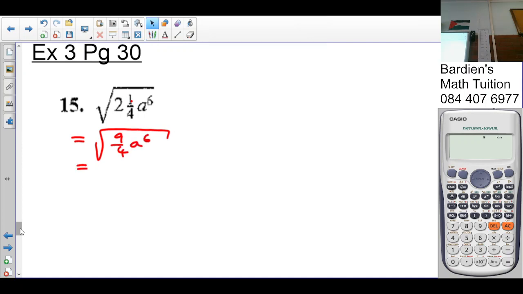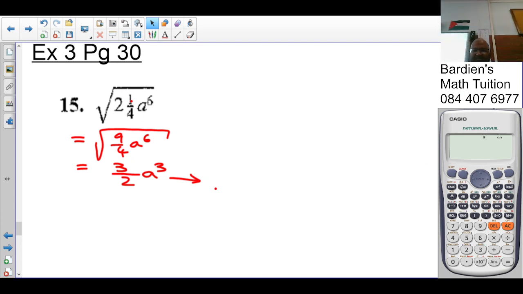Not so? 9 over 4 a6. The square root of 9 is? Over square root of 4 is? 2. A cubed. And that's the story there. You all understand? Okay.